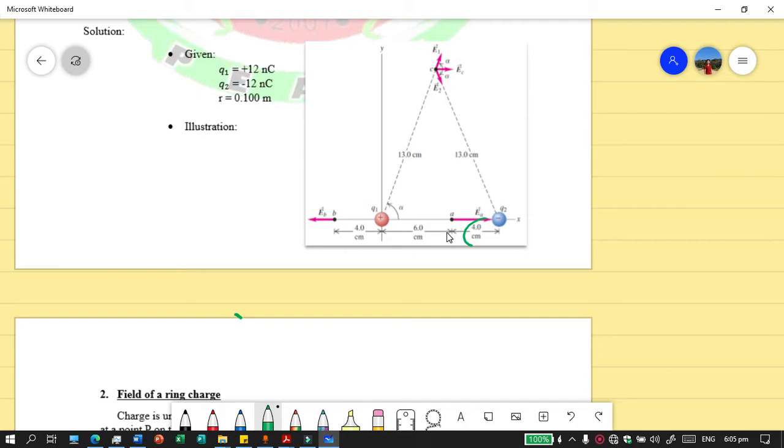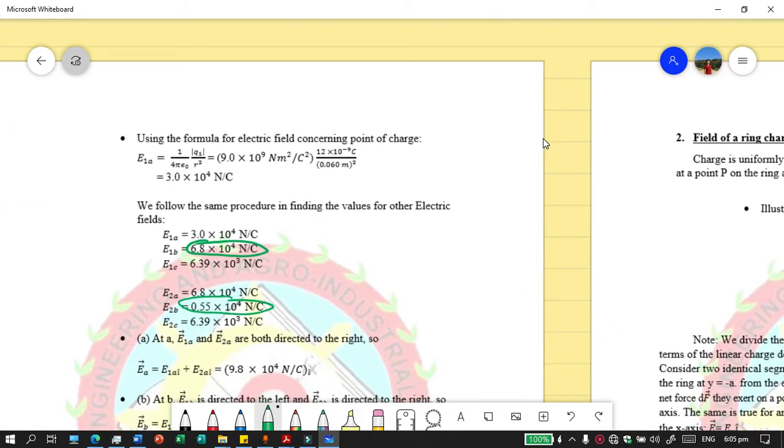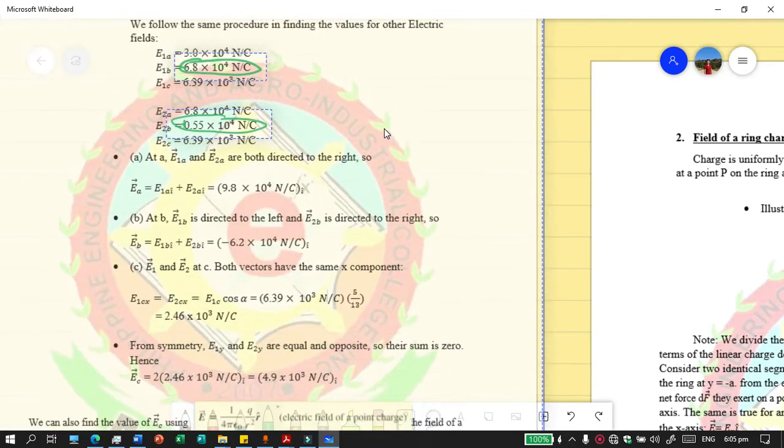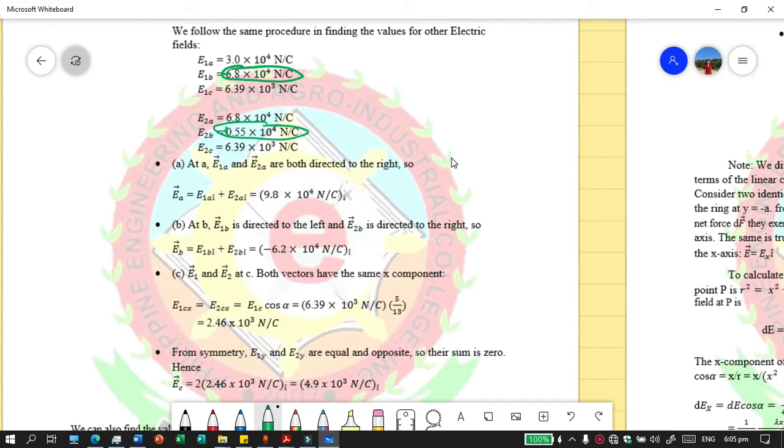Yung B natin, E1B is negative. Tapos yung E2B natin is positive. So negative ito. This is positive. Okay? Based on the directions. Kaya yung final answer natin dito is negative 6.2 times 10 to the power of 4 Newton per coulomb. Okay ba?